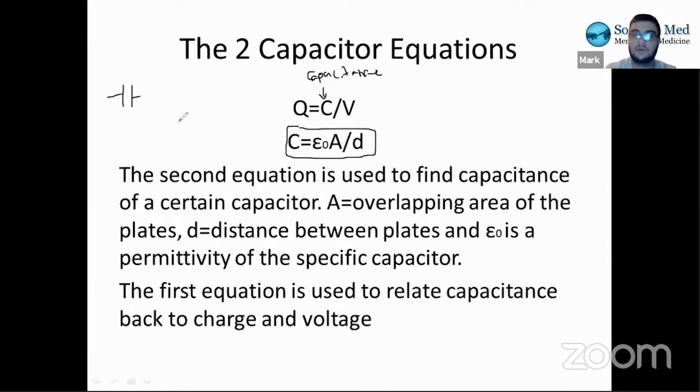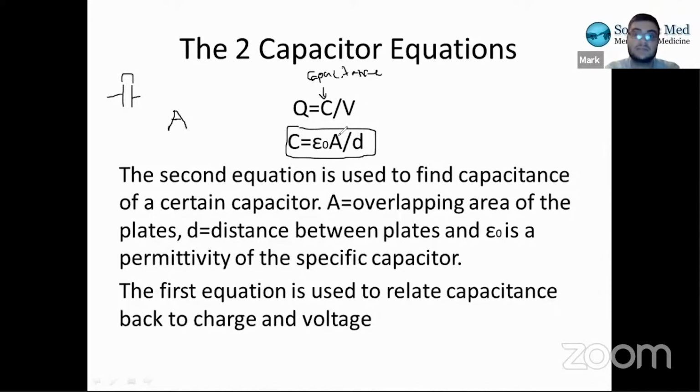If you got a front view like this, the surface area of the square would be A, as long as they're the same size, right? That's what A is, it's the area in meters squared. And d is the distance between the plates. So it's this area and this distance between them. That's how you find capacitance.